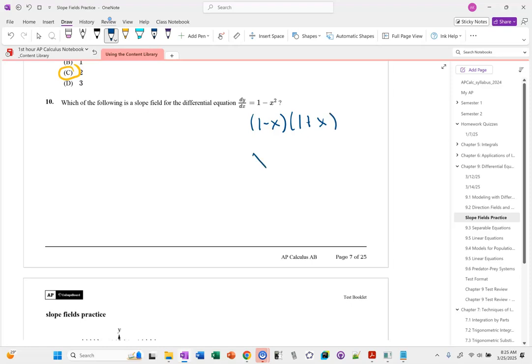So we do have equilibrium values. What else could we look for? Actually, let's see if that's enough. Let's just go and see if that's enough.